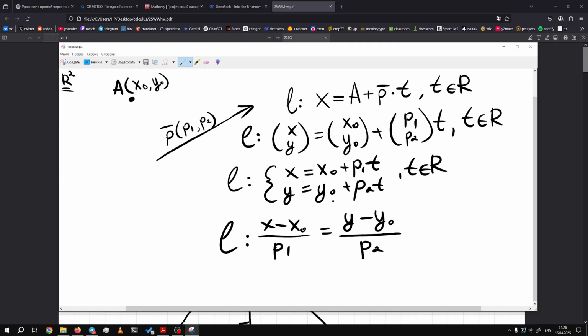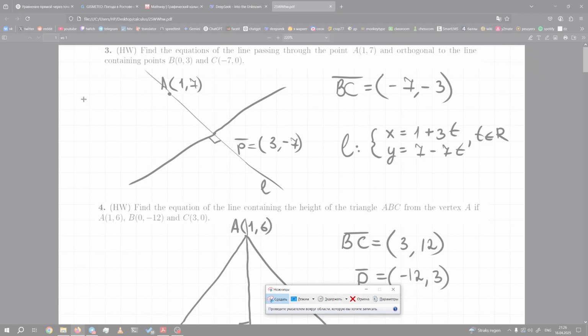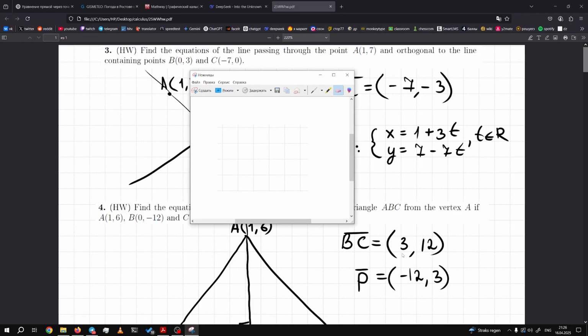And now let me talk a bit about the Cartesian equation of a plane. It's really important to understand to solve today's problems.